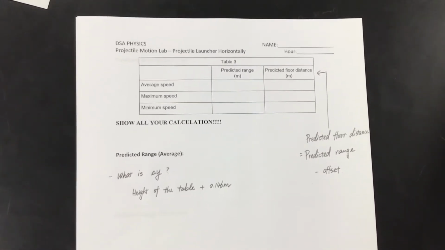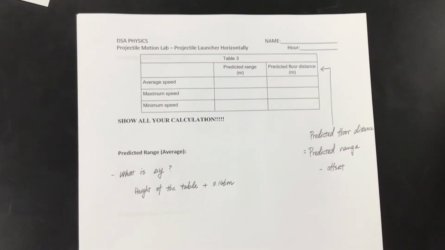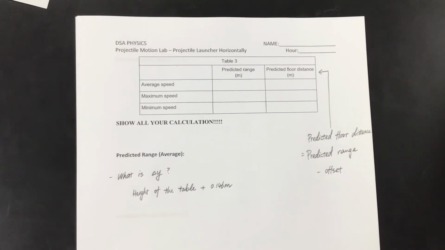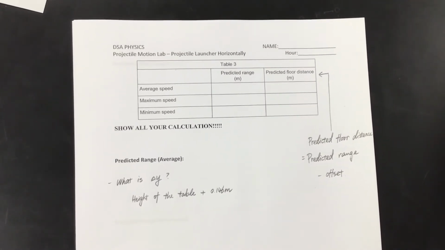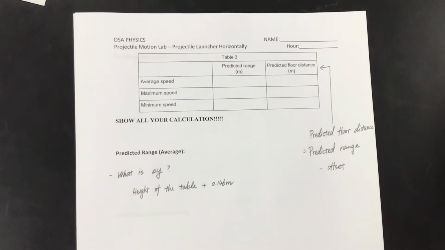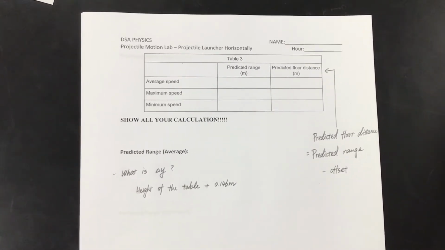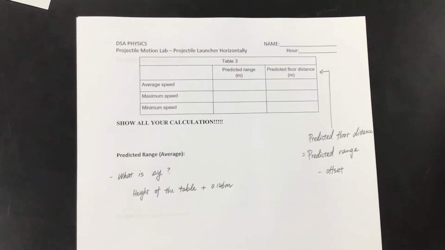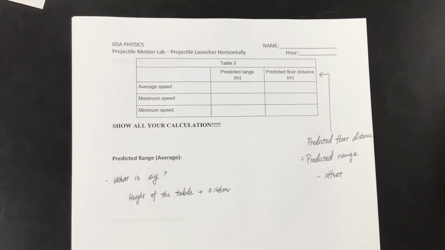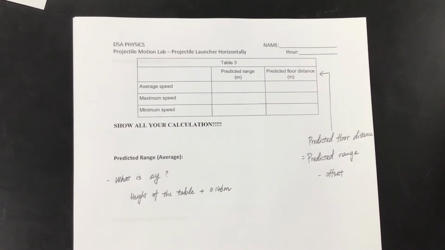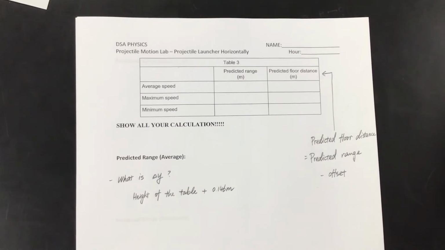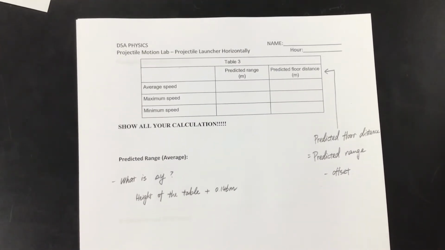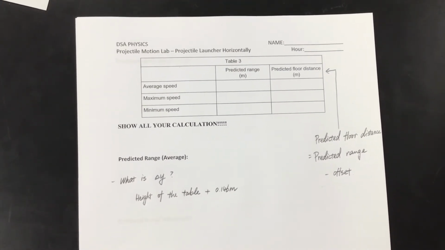At this point, a few questions you need to ask yourself. What is delta y, which is the displacement vertically? The metal ball was launched from the projectile launcher. The metal ball was at the height of the table, but also have to plus 0.146 meters.